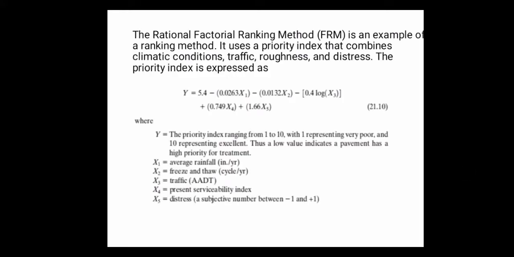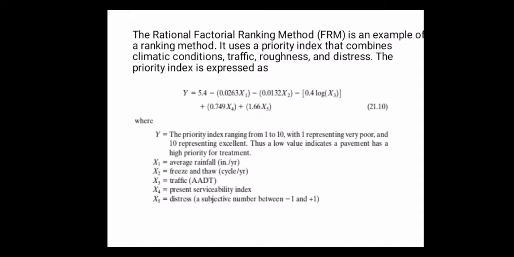The rational factorial ranking method, or FRM, is an example of a ranking method, and it uses a priority index that combines climatic conditions, traffic, roughness, and distress.